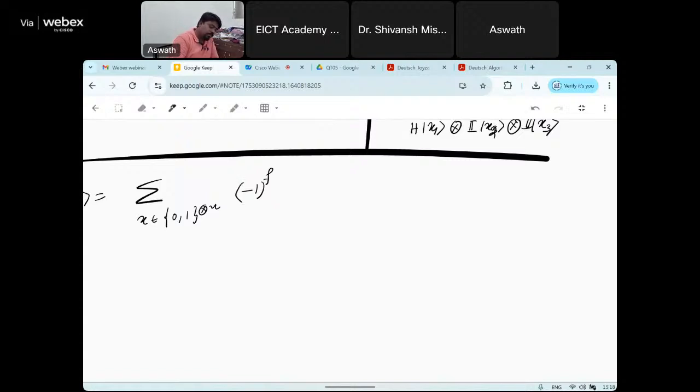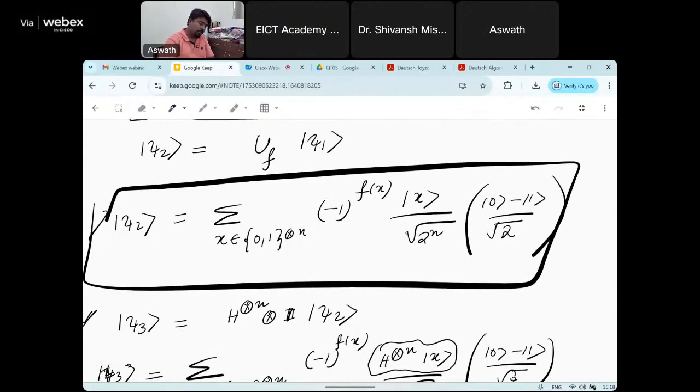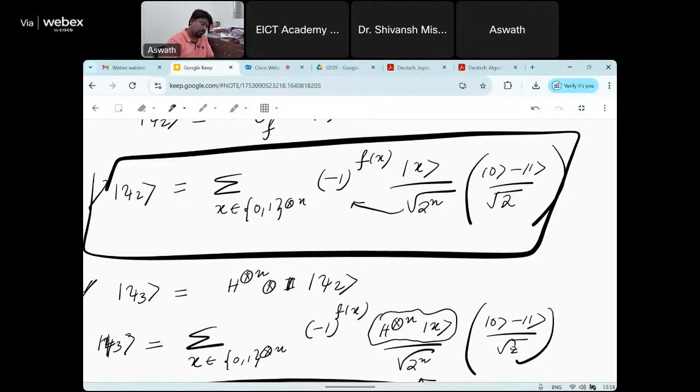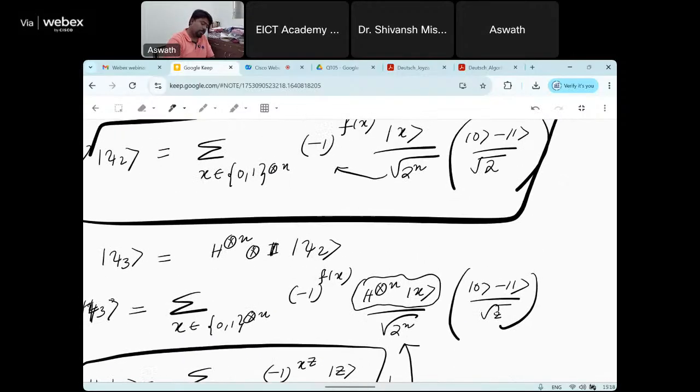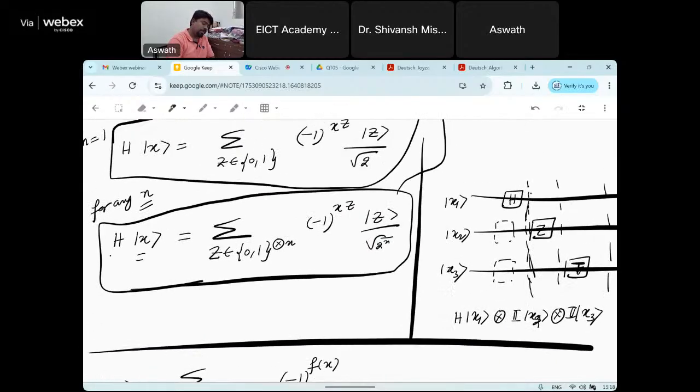(-1) to the power of f(x), divided by 2^(n/2), that is what I have. So H acting on x gives me this entire thing.